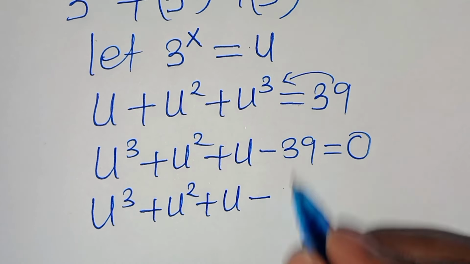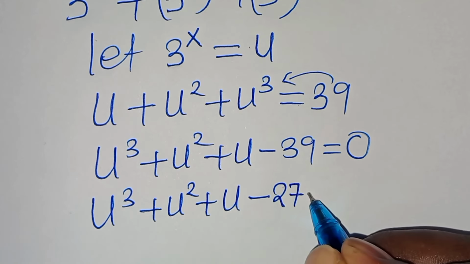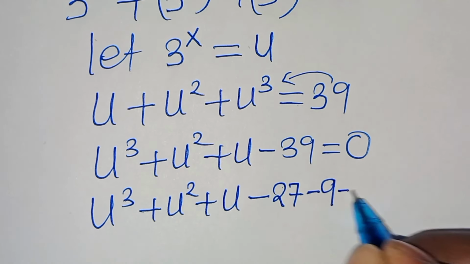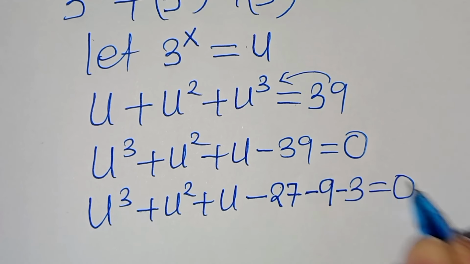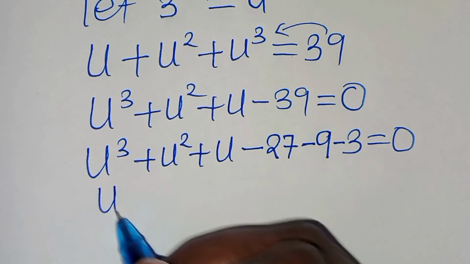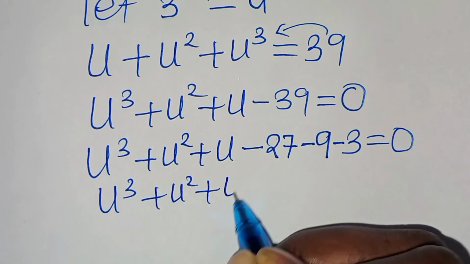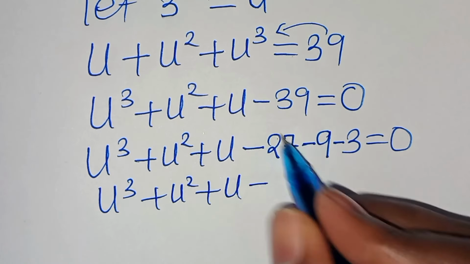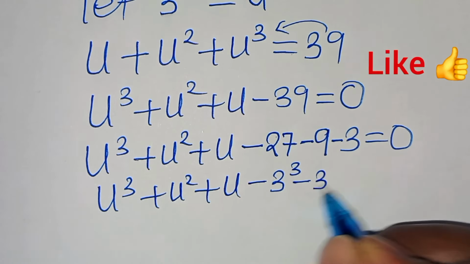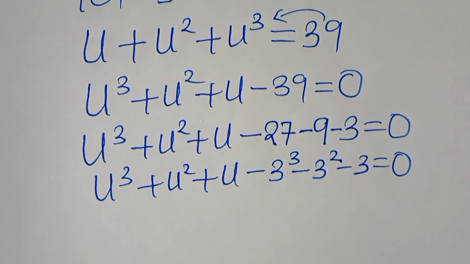We can express 39 as minus 27 subtract 9 minus 3. This is equal to 0. Now, this is u to the power of 3 plus u to the power of 2 plus u minus 27, which is 3 to the power of 3, minus 9, which is 3 to the power of 2, then subtract 3. This is equal to 0.